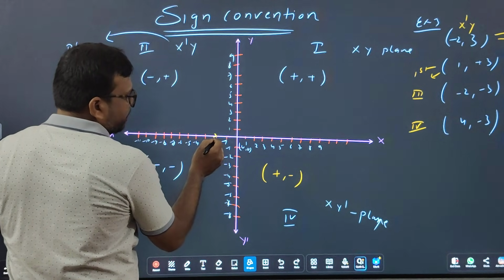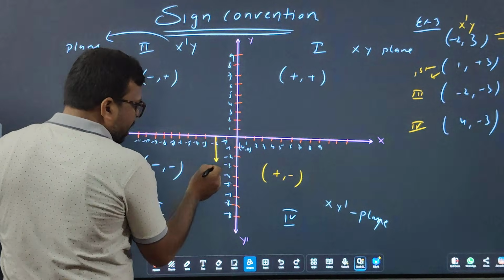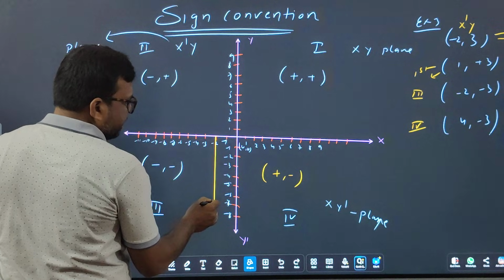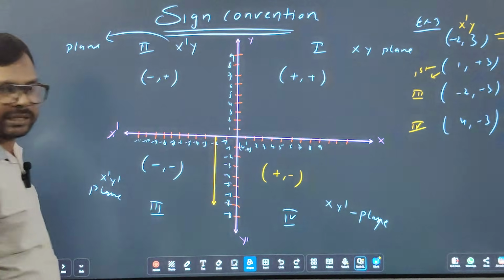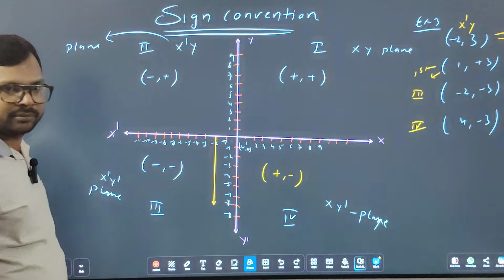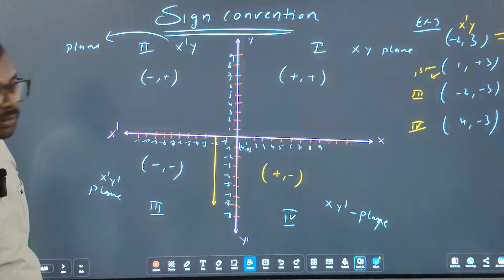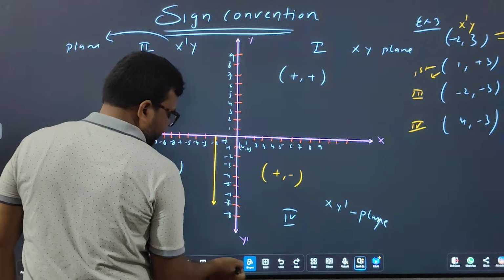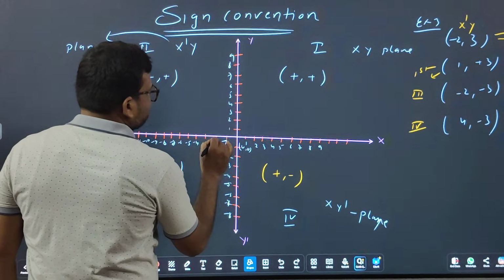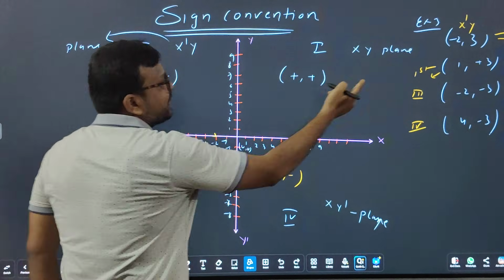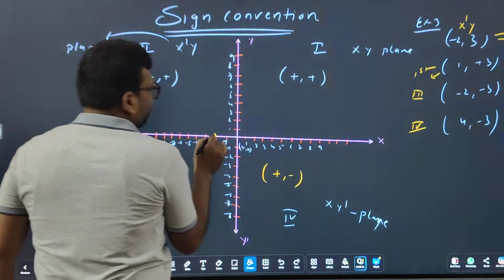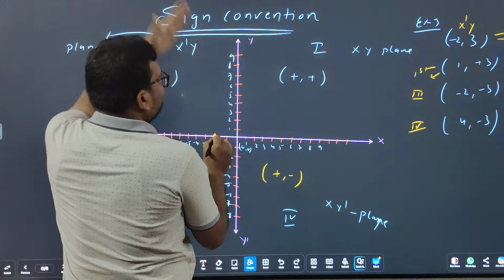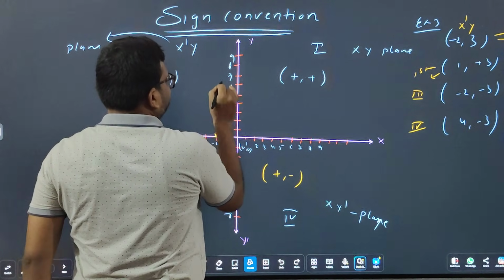Now you are standing here, and draw a perpendicular line which is parallel to the y-axis. Yes, second quadrant, because y is in the positive direction. So stand on the x-axis and move to the positive y side.